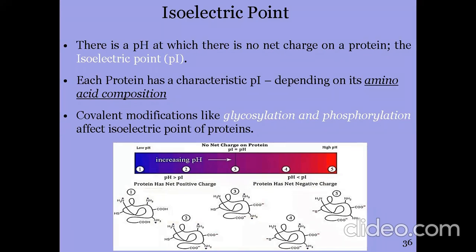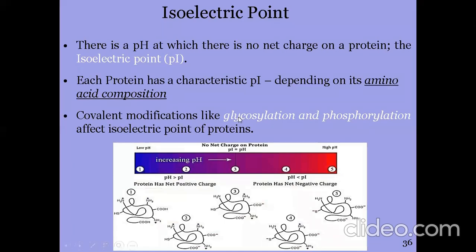So if we have two same proteins, one has the covalent modification and the other does not, these two proteins will have different isoelectric points, even though their amino acid composition is the same.